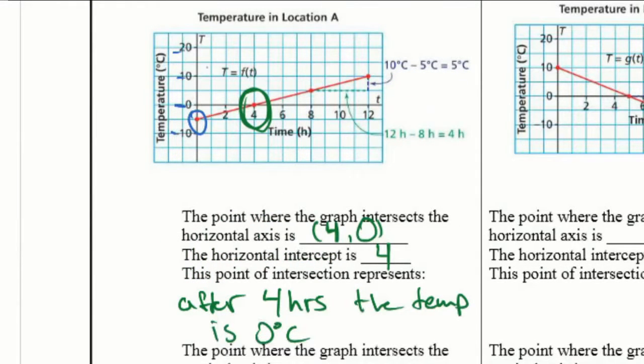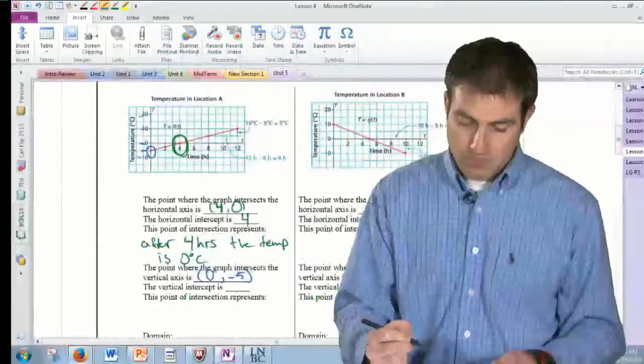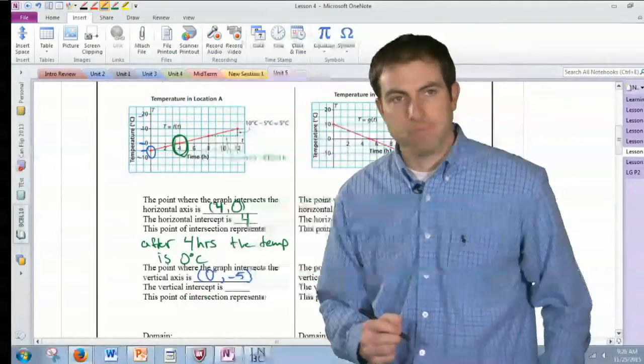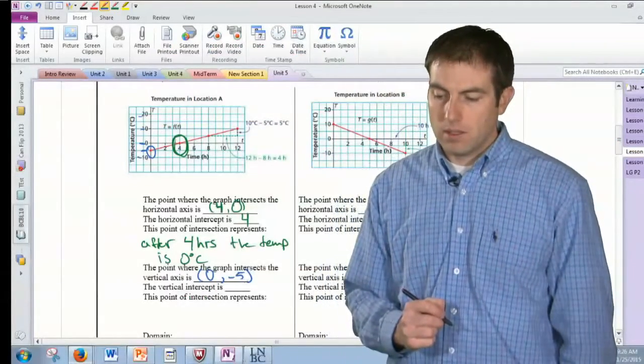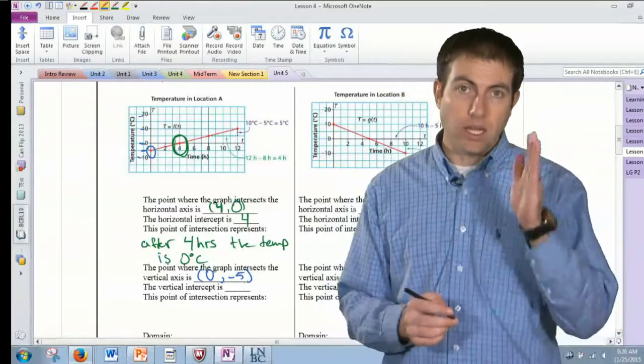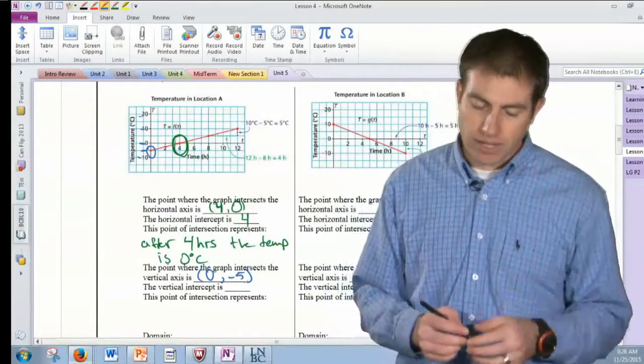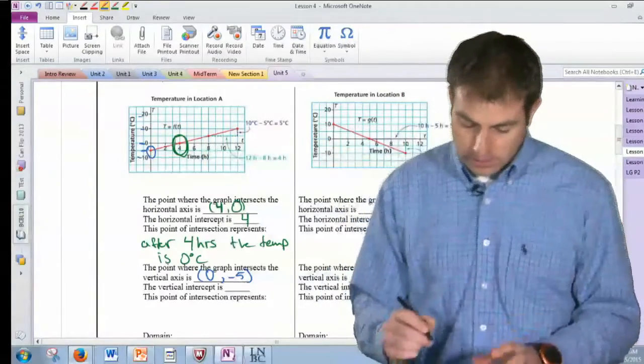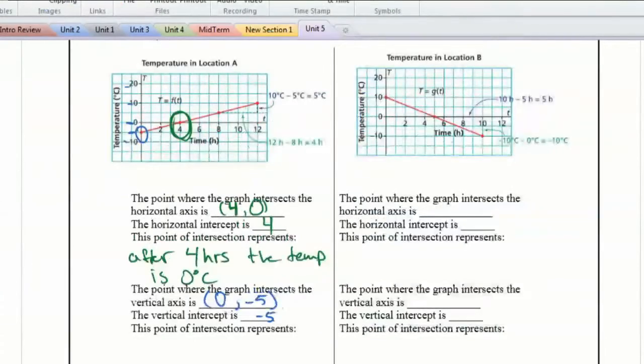So each line on the graph represents a temperature jump of 5. So in the vertical, my x value is 0, and my y value is -5. So the vertical intercept, the place where the red line crosses the vertical or the up and down axis, is at -5.